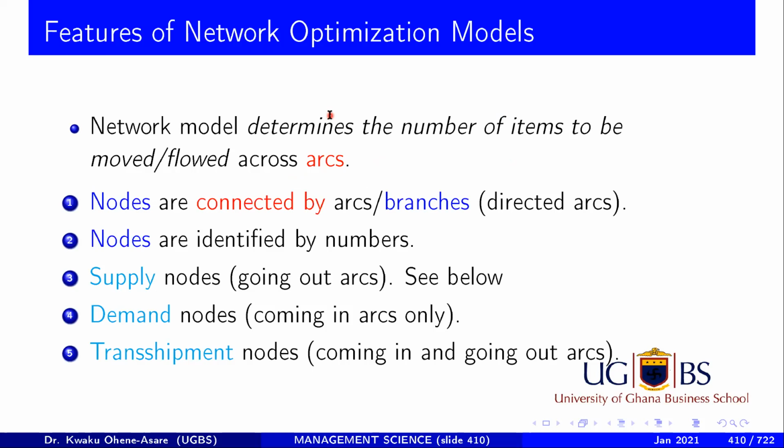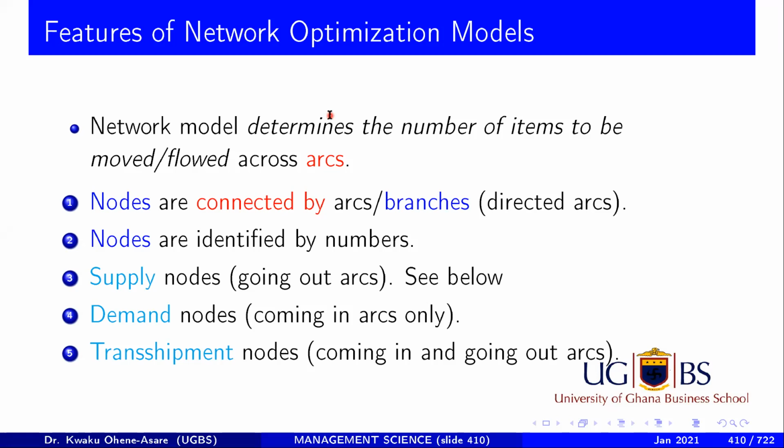Let's look at some features of the network optimization model. The idea is to determine the number of items I'm going to flow or move across the arcs. We have supply nodes and demand nodes, and between them is the transshipment node.